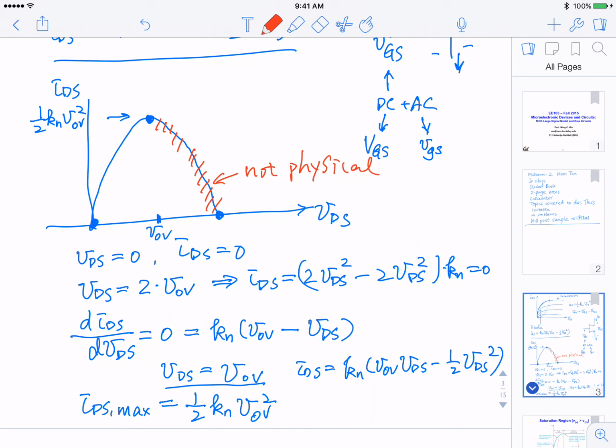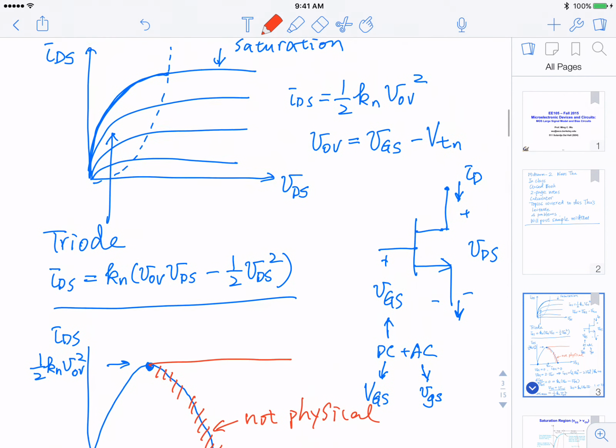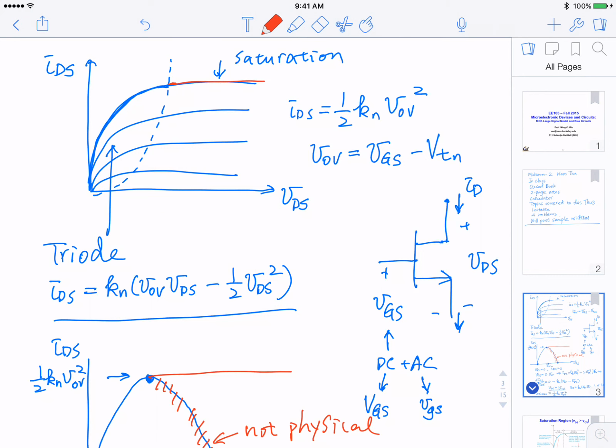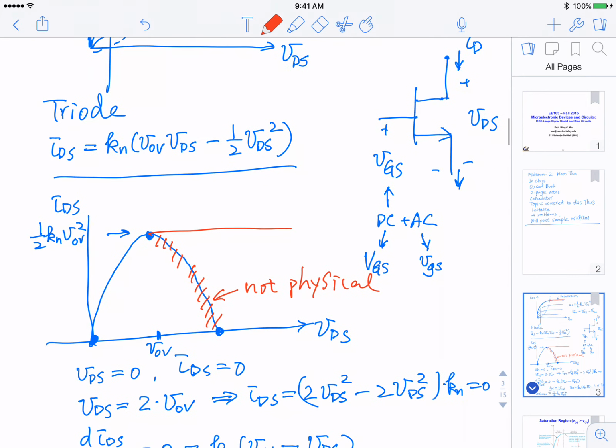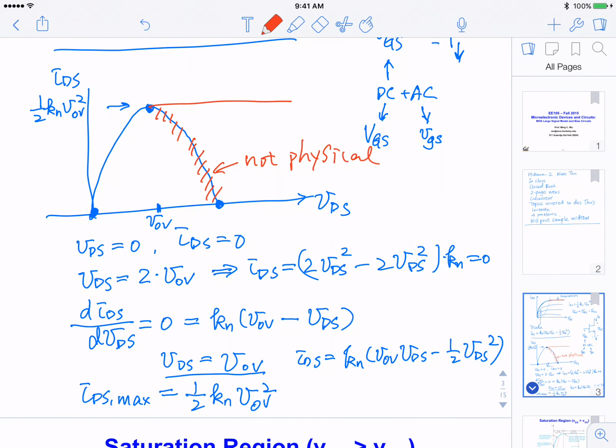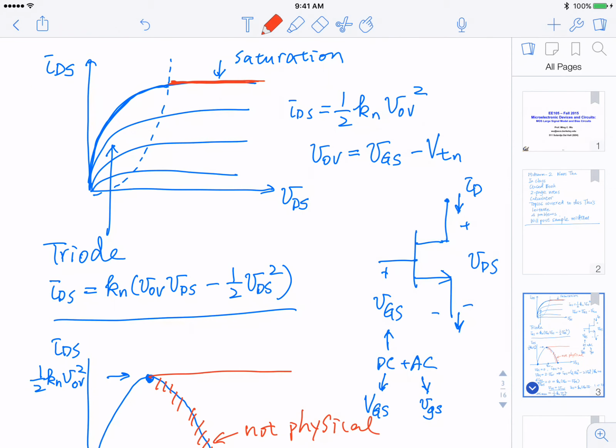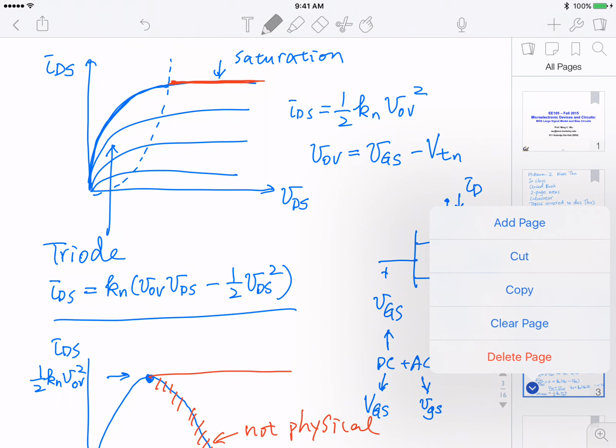So at this point, we say, well, it should be just equal to a constant, as in this part of the curve here. So what happened here? Well, the channel starts to pinch off, okay?